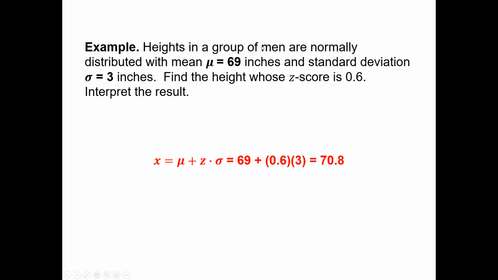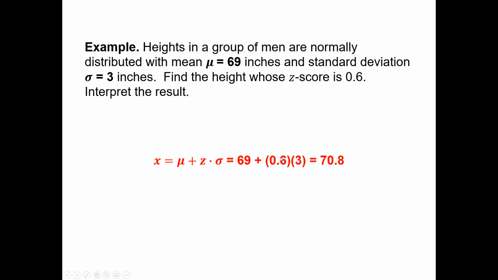So heights in a group of men are normally distributed with mu, the mean, 69 inches, and the standard deviation, sigma, equals 3. Find the height whose z-score is 0.6. Now that we have this formula, x equals mu plus z times sigma, we have mu, 69. Our z is 0.6, and our sigma is 3.